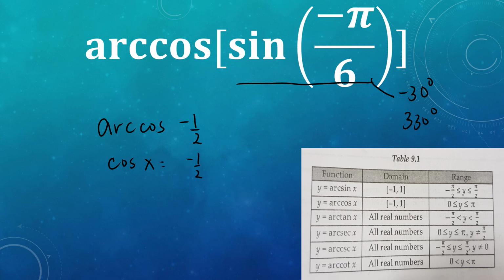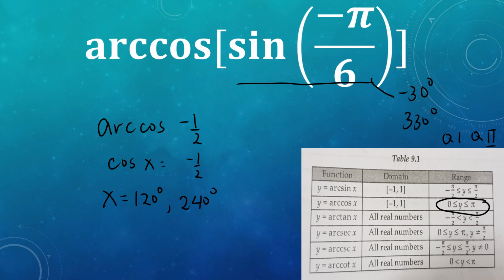It implies that we're going to think of angle measures that will satisfy the given equation. The angle measures that satisfy it are x equal to 120 degrees and x equal to 240 degrees. The range of arccos falls from 0 to pi. Thus, the range of arccos falls in quadrant 1 and quadrant 2.